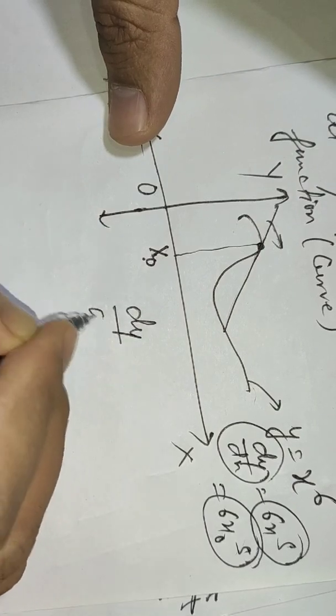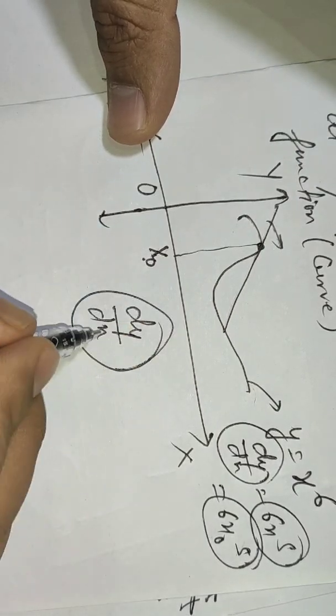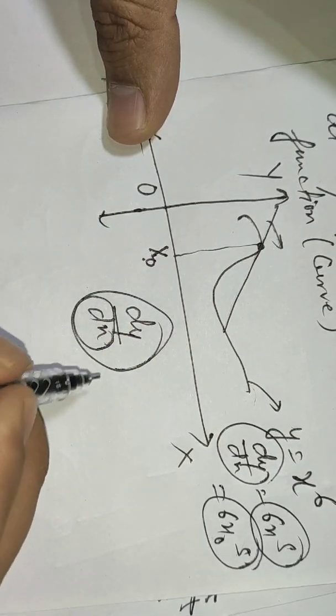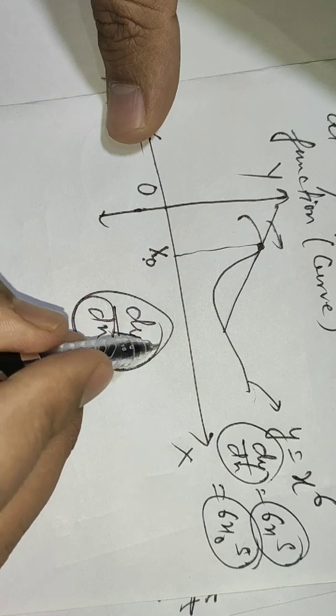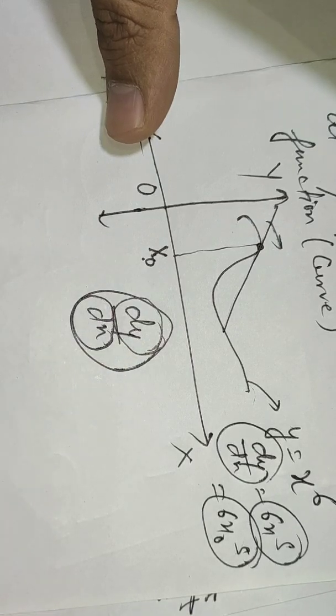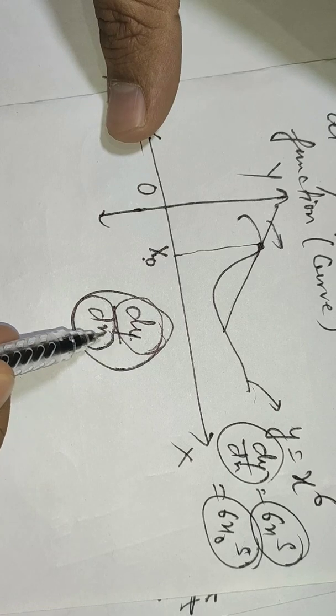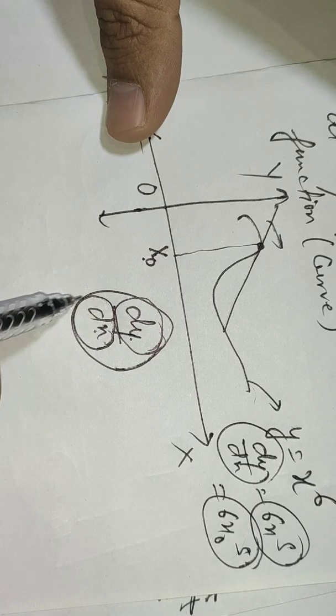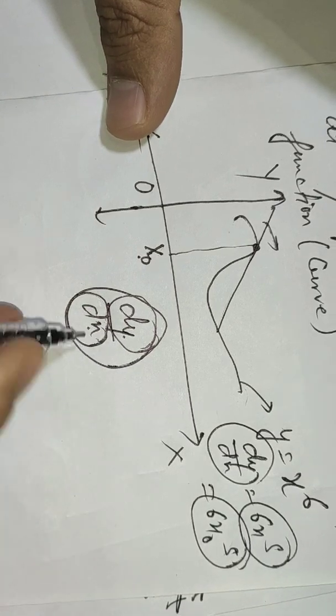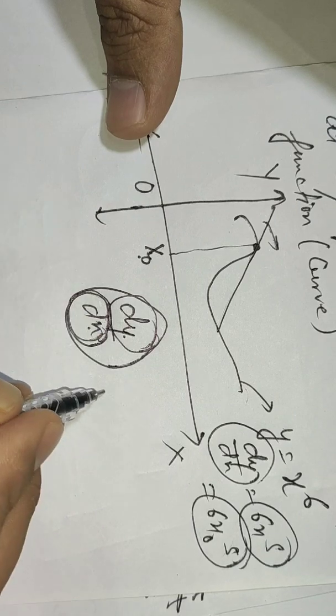What is dy by dx? Here x is the independent variable and y is the dependent variable. So y will be a function of x, and you are going to differentiate this with respect to x. dx is a very small term.